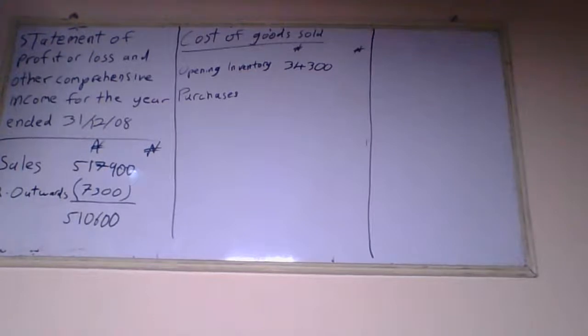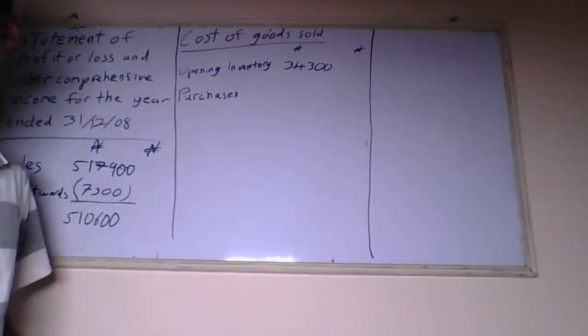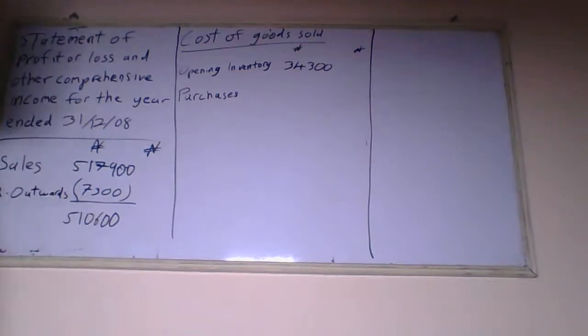And under purchases, I would like you to go to additional information number 8. It says goods costing 1,200 were taken by the owner for private use. This was not yet recorded in the books. I'm sure you are all familiar with the term drawing. Drawing is when the owner takes goods from his purchases for his own use.